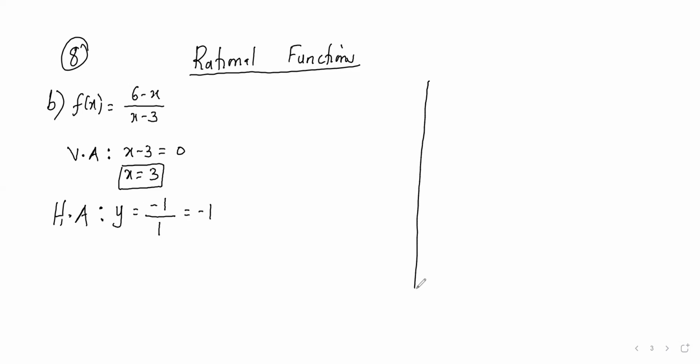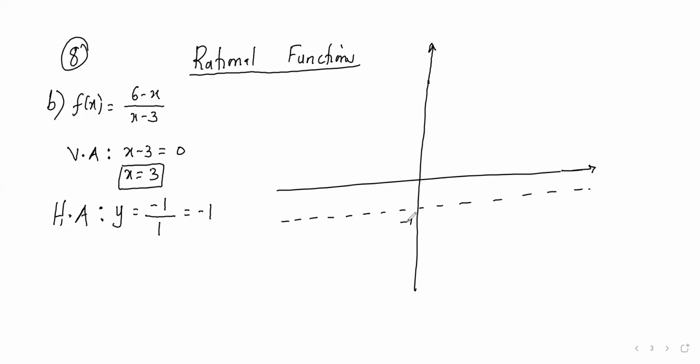Then we go to sketch. So we have two asymptotes. We have y equal to negative 1. We also have x equal to positive 3. After you put the asymptotes, you go to the vertical asymptote. So we say positive 3. Pick a number bigger than 3 and another number less than 3, so you can see whether your graph is above or below the horizontal asymptote.